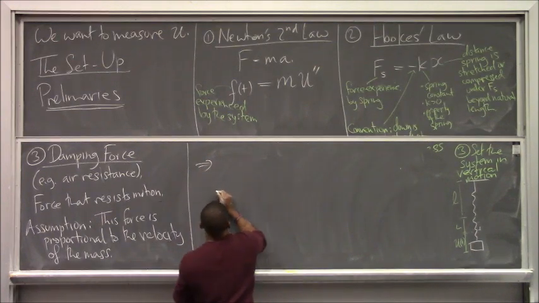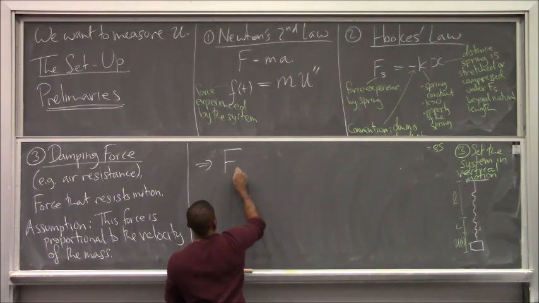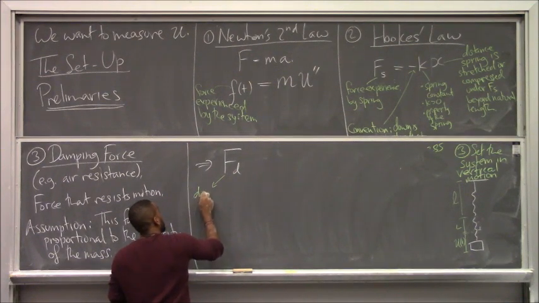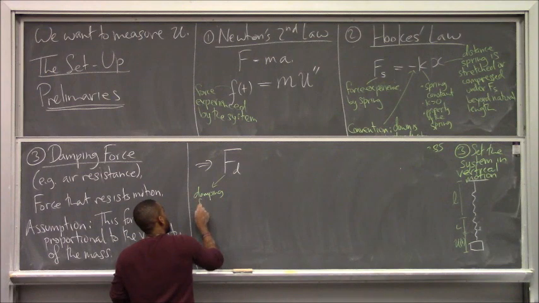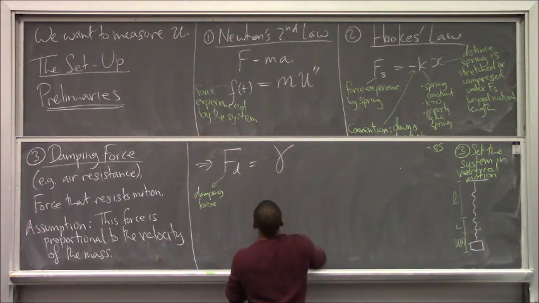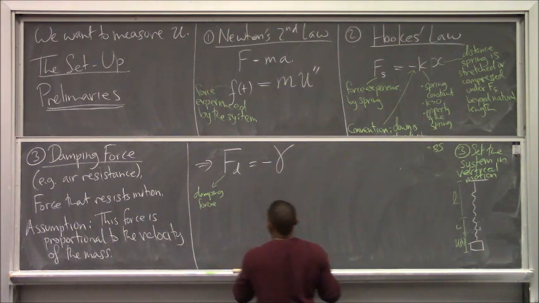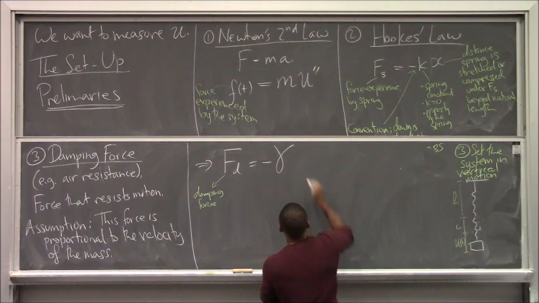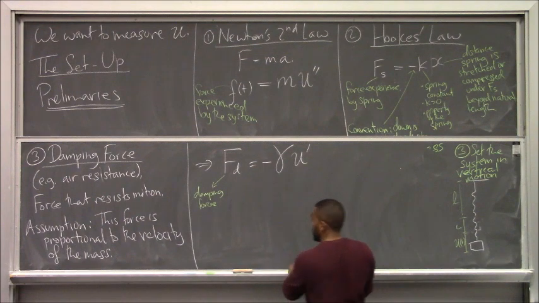Which means I can think of the damping force, which I'm going to call F sub D, as having some constant, which customarily is gamma. We have the minus sign because we're thinking of the opposite direction. And this is going to be u prime.